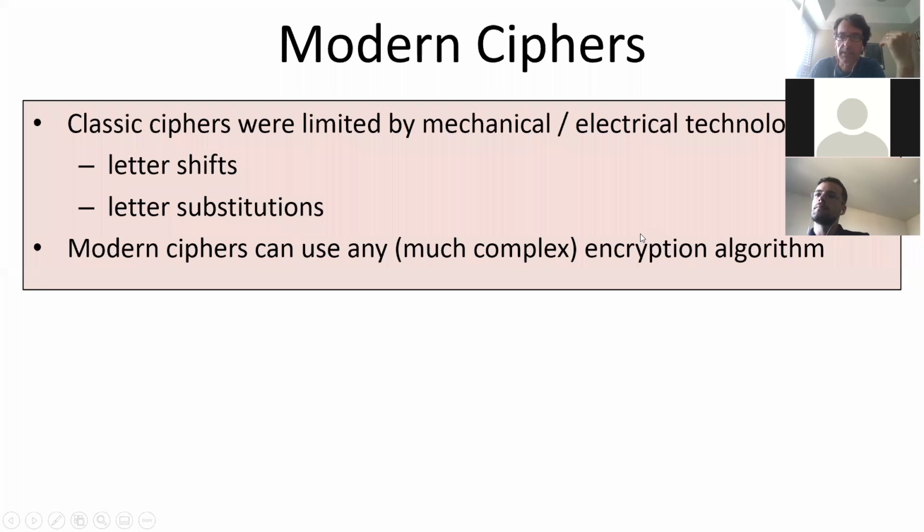In between these classic ciphers and us now, there were mechanical designs like Enigma, right? They were not fully general computing machines, but they were limited by beautiful technological designs that could work with the technology of the 1920s or 1930s. So rotating disks and electric signals that would be transcribed as the electricity passes.